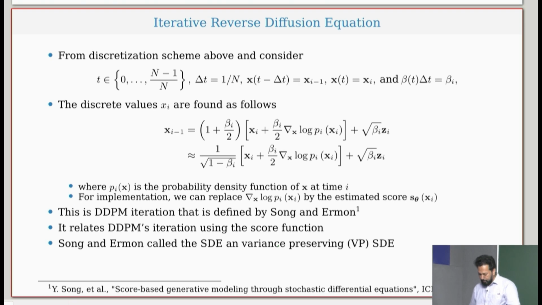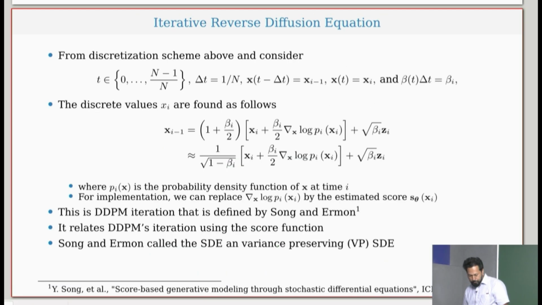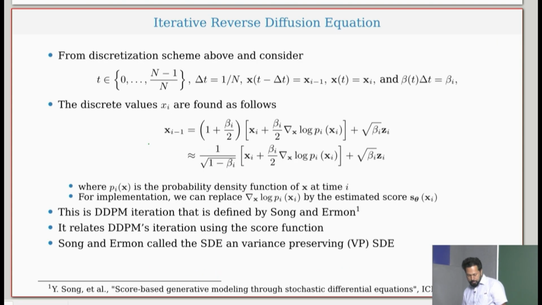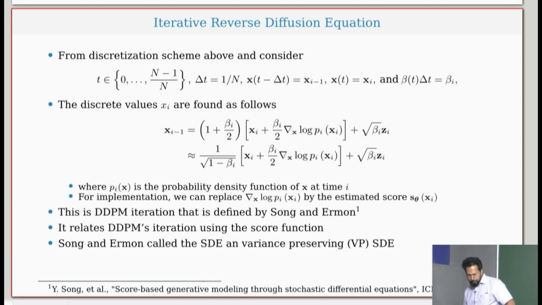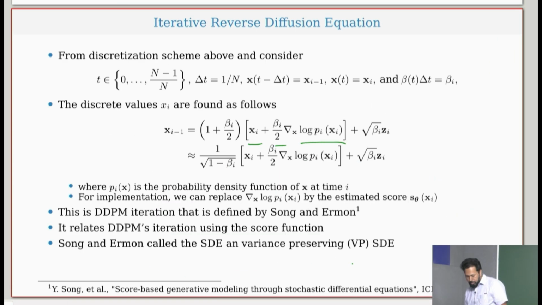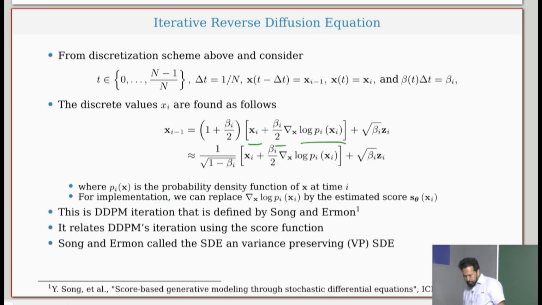So from the discretization scheme we had, now we can write down x_{i-1}. x_{i-1} is our xt minus delta t. So we can just substitute those discrete values. Then 1 plus beta_i by 2, then we have x_i plus beta_i by 2 and so on, and then the discrete variant of that, f(x_i), and then square root of beta_i times z_i.